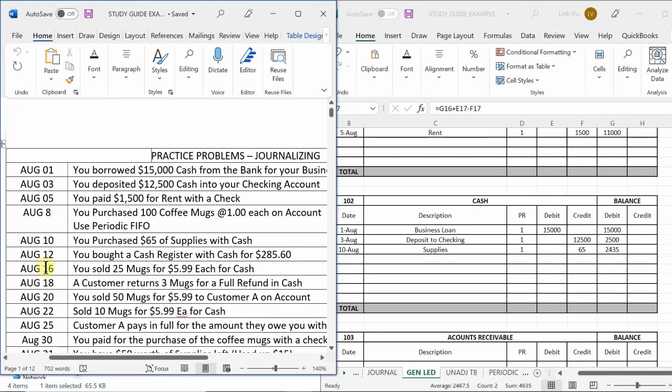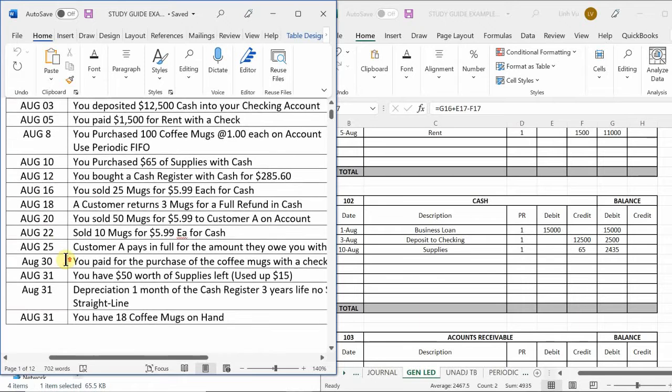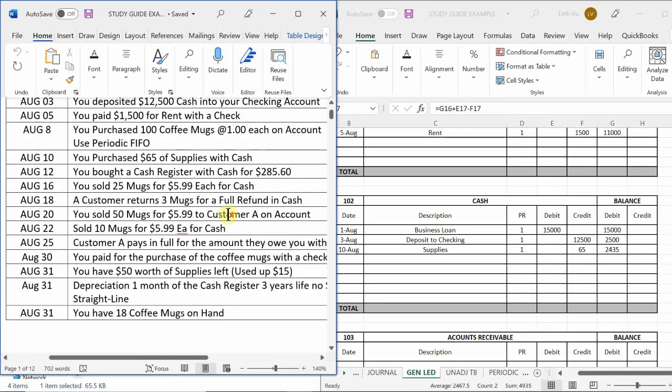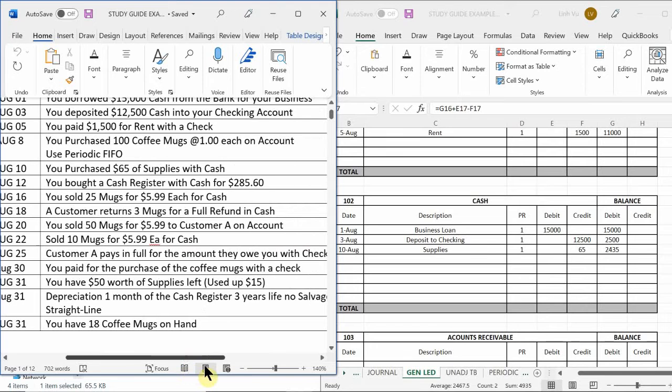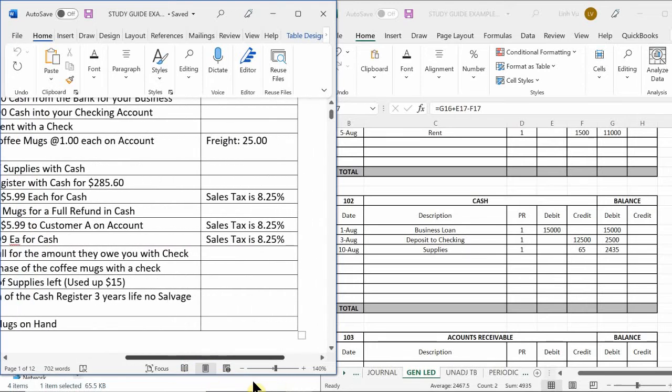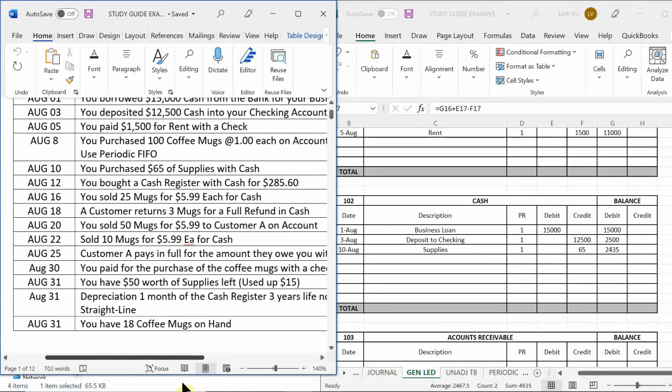So then let's take a look here. On August 12th, you bought a cash register with cash for $285.60. And sales tax was 8.25%.